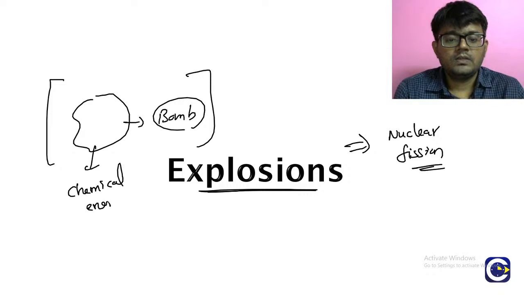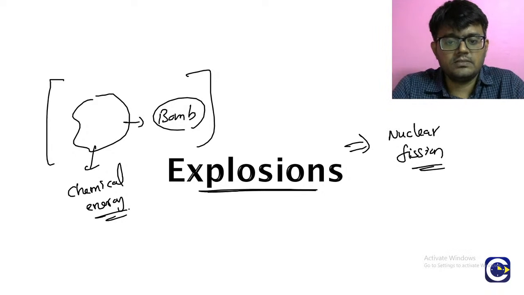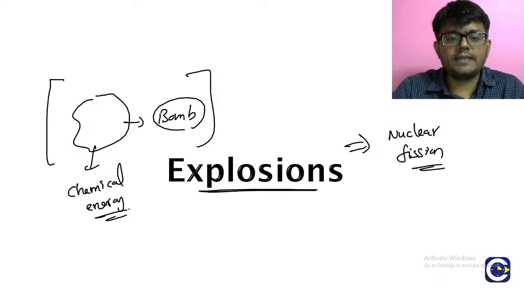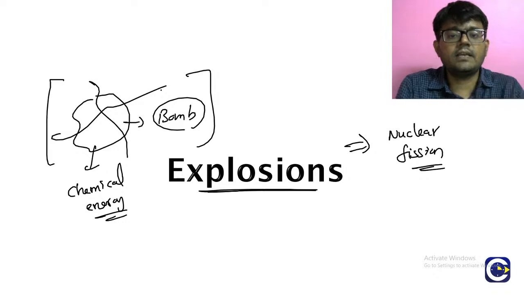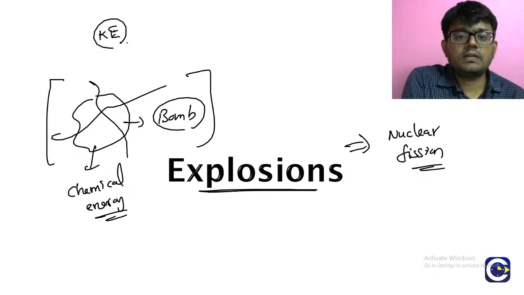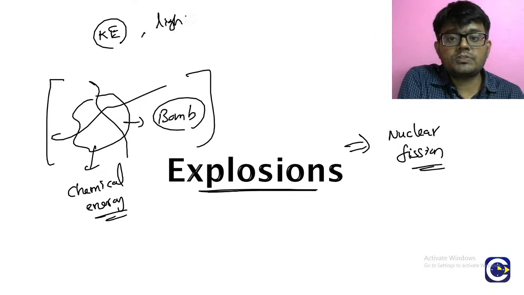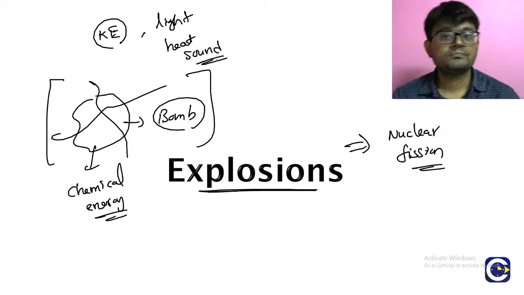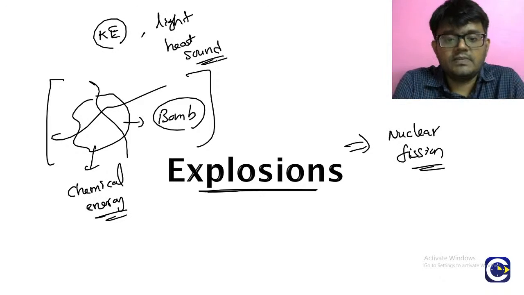Once the trigger action happens, it creates a chemical reaction, and the energy is released. That energy creates kinetic energy for the particles produced, and it might also produce light energy, heat energy, sound energy. All these come from the internal energy, the chemical energy in the case of a bomb.